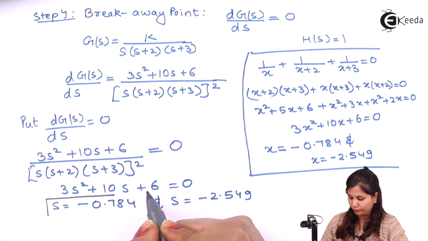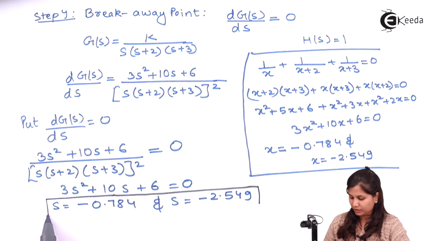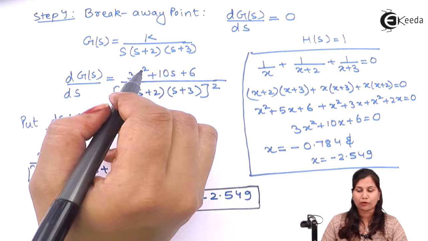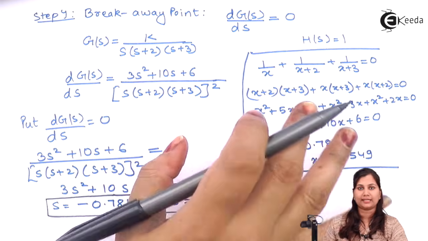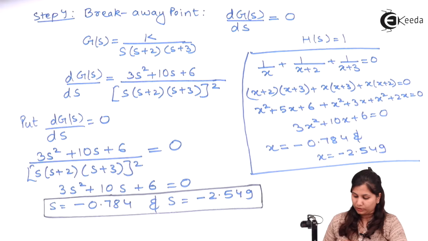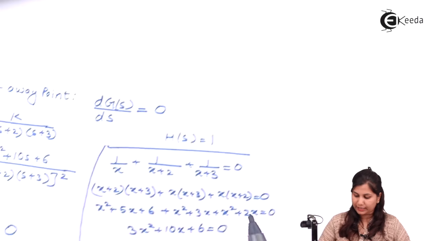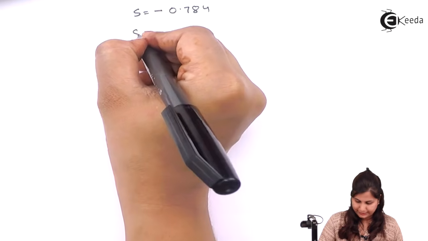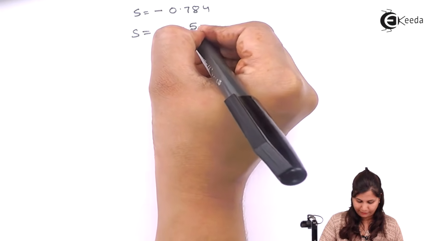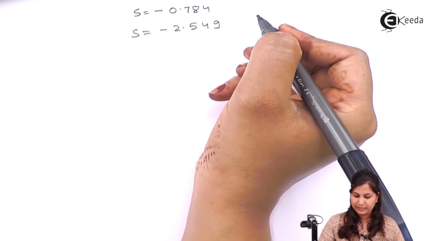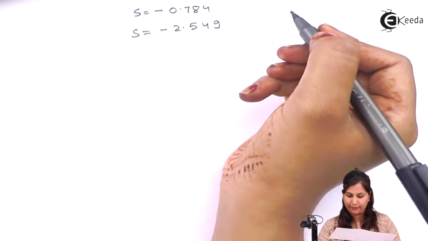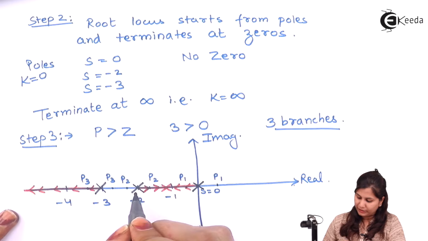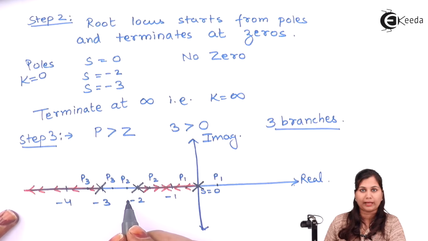We can use any of the two methods to find out the breakaway points. Either we can apply the direct differentiation formulas or we can use this factorization method. Now, out of these two values, that is s equals to minus 0.784 and s equals to minus 2.549, if we see our root locus diagram which we have plotted here, the breakaway point will be somewhere between s equals to 0 and s equals to minus 2.